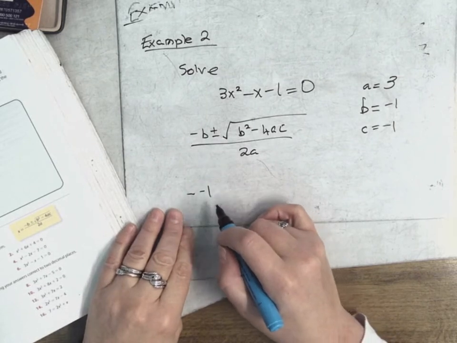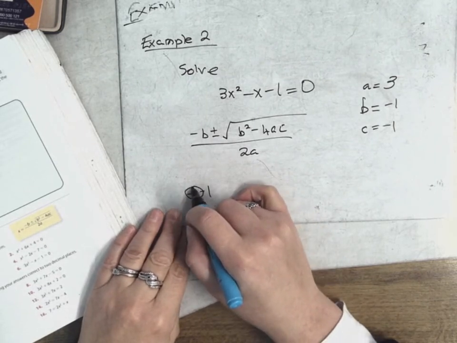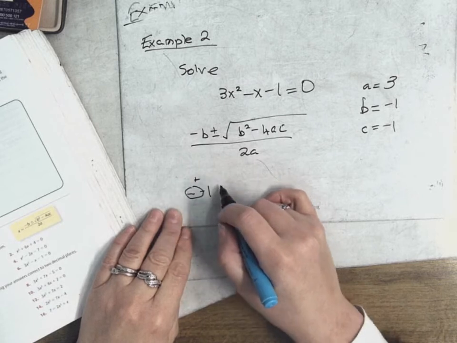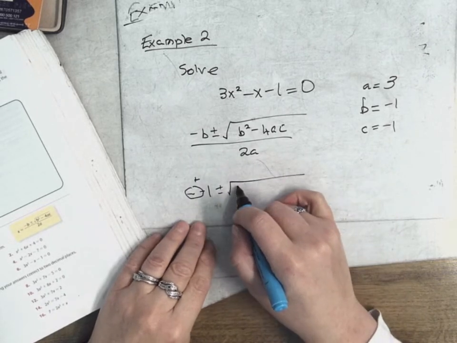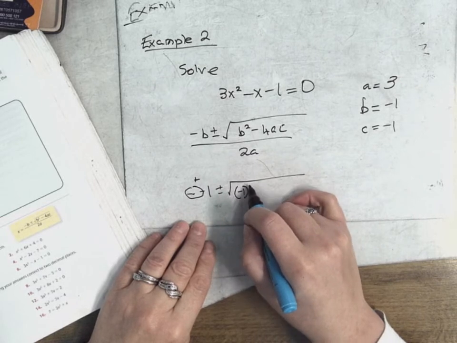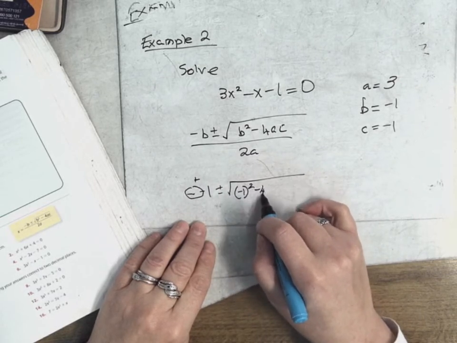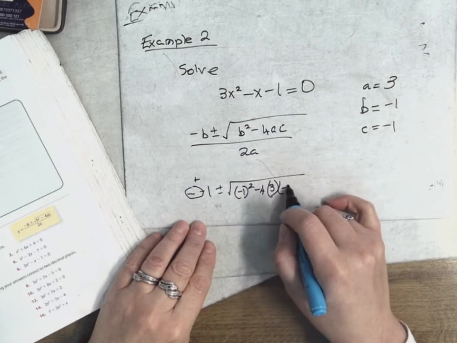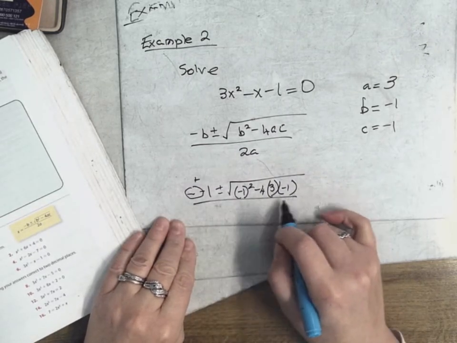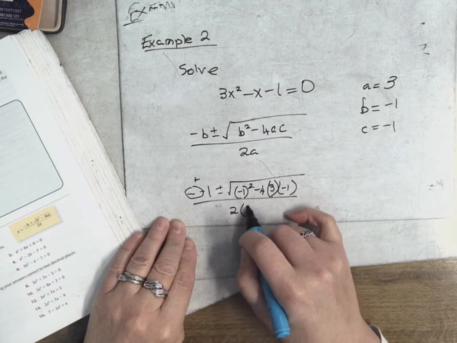So I've ended up with 2 minuses in a row there. 2 minuses become a plus. Plus or minus the square root of b squared, which is minus 1 squared, minus 4 times a, which is 3, and c is minus 1, all over 2 times a, which is 2 times 3.